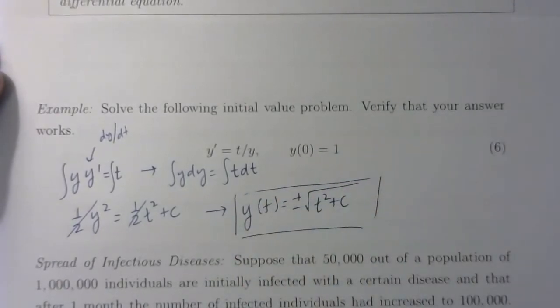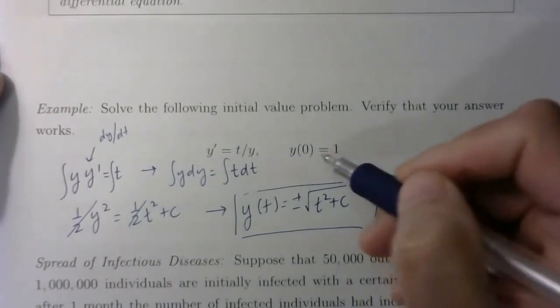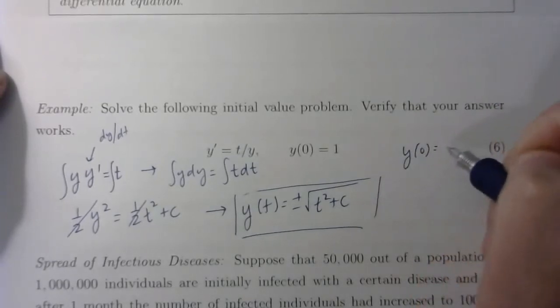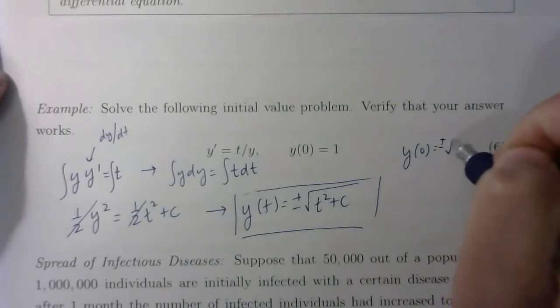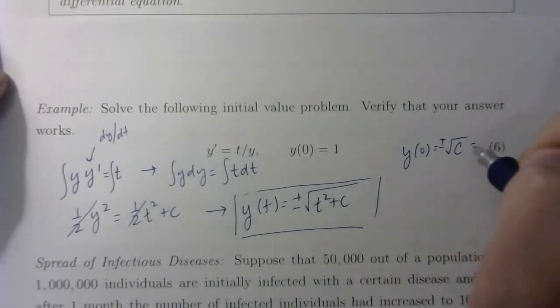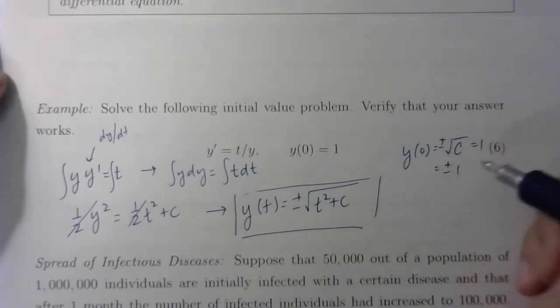So this is the type of solution that we would look for. In this case, we said we want to have that y of 0, which is just going to be plus and minus the square root of c, is going to be 1, plus and minus 1.